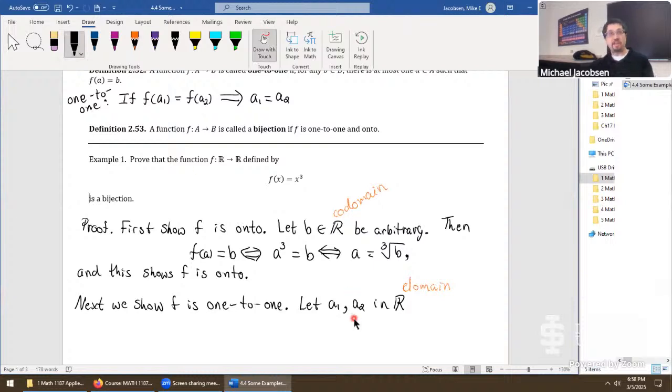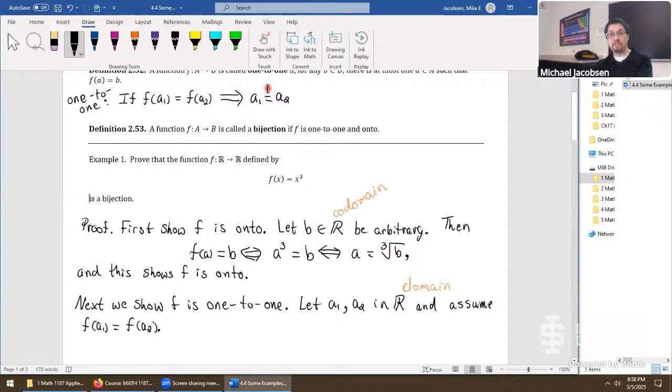So let A1, A2 be arbitrary domain elements and assume, we're assuming the hypothesis of the if P then Q part of the statement, assume F of A1 equals F of A2. So we've made that assumption for those two elements right here.